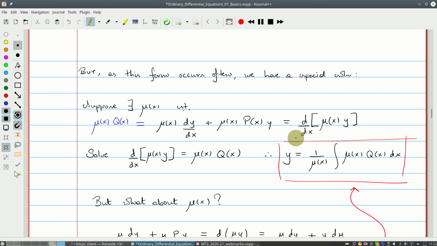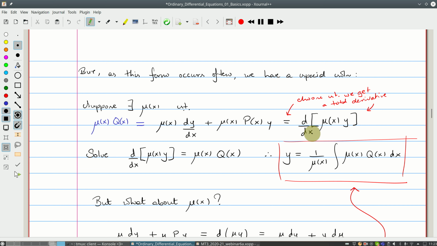And this is our ansatz. We're going to choose this mu of x such that we get a total derivative.